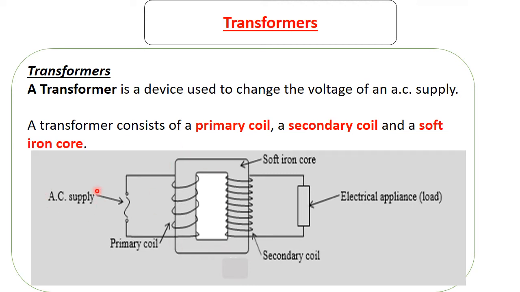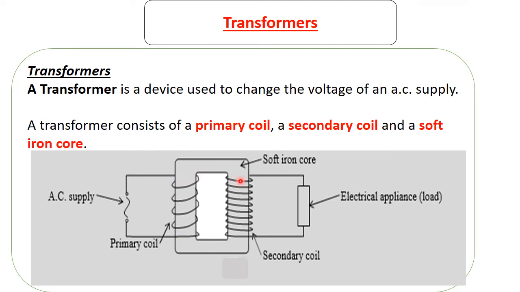So here we're going to have an AC supply, something that produces AC. It can be a simple AC generator or anything. That AC supply is going to be connected to a soft iron core. The way it's going to be connected is we're going to have windings around the soft iron core. These windings are what make up the primary coil.